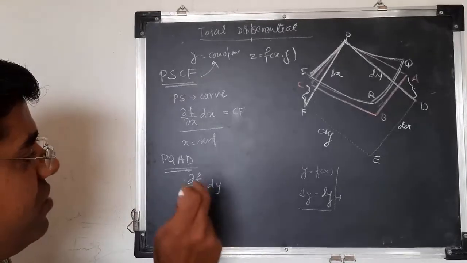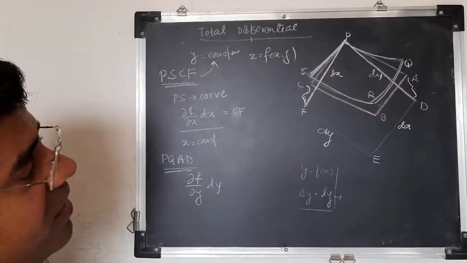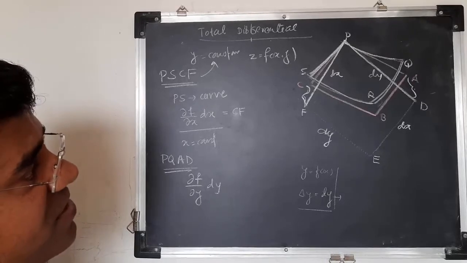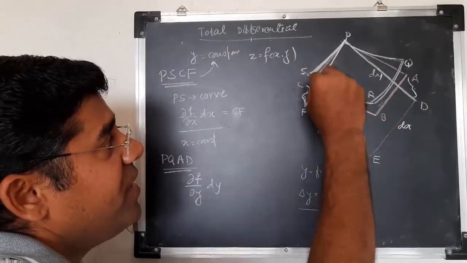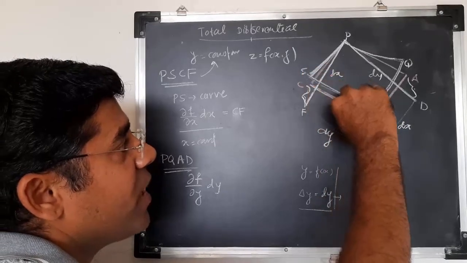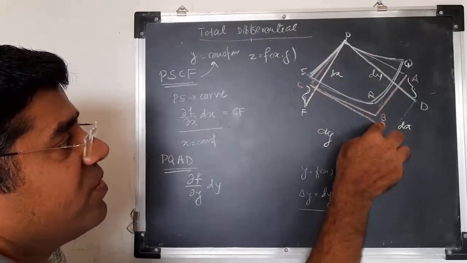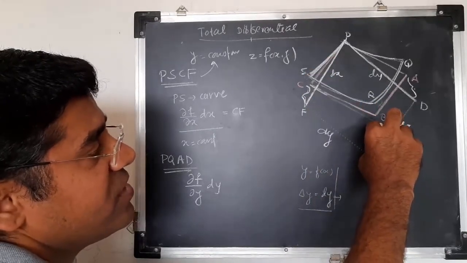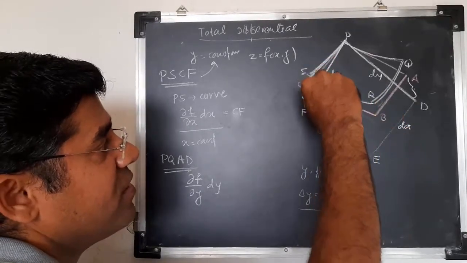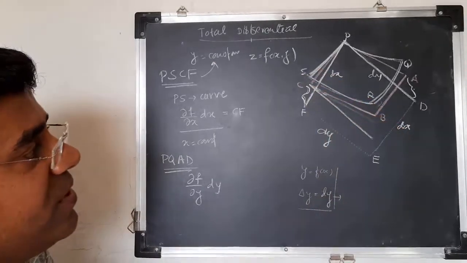Now we want to find out the total change. So how can we find it? In a graphical way, I will draw a parallel of this much distance from this horizontal plane.